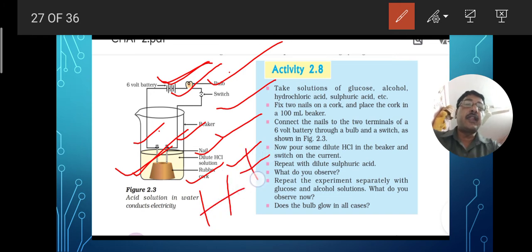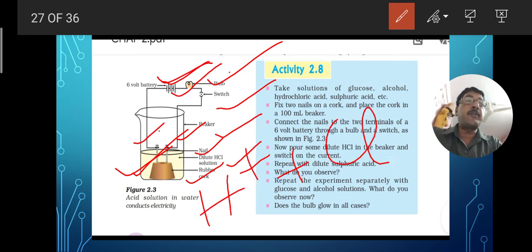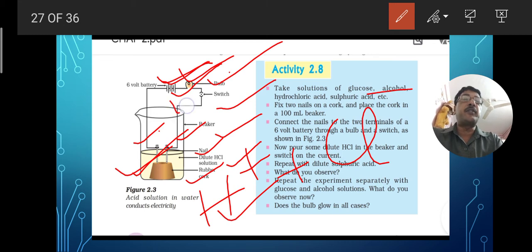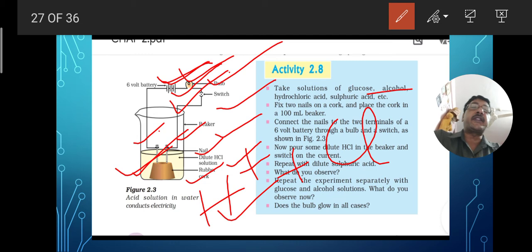So this hydrogen ion which is produced will make this bulb glow because these ions are good conductors. Charged particles alone make the electric current flow through the circuit, because of which this bulb will be glowing. So we can say acids are good conductors of electric current.